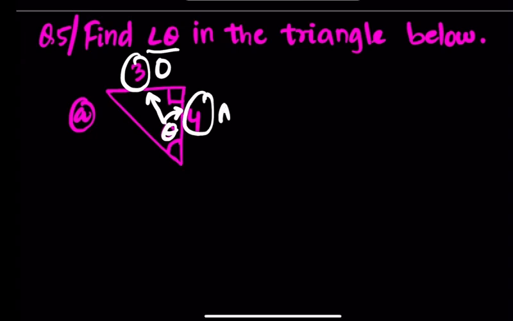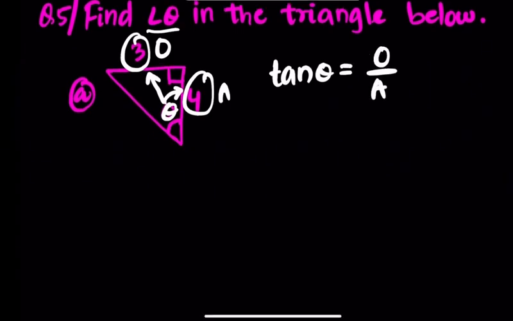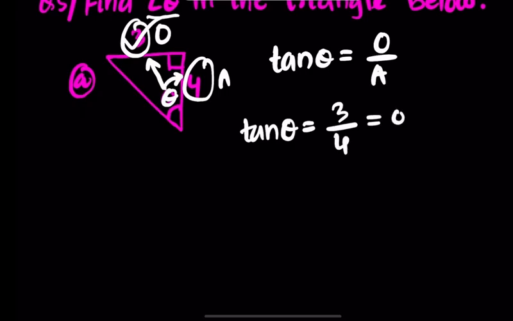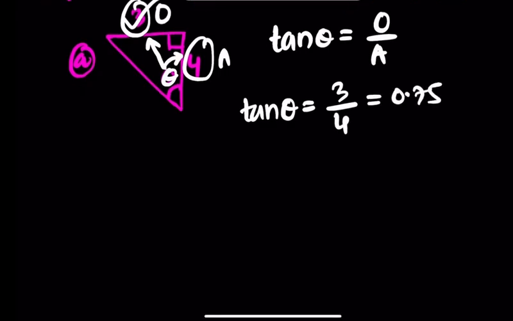The trigonometric ratio that involves the opposite and adjacent side lengths is tangent. So tan theta equals opposite over adjacent, which is 3 over 4, or 0.75. So the ratio of tan theta is 0.75.